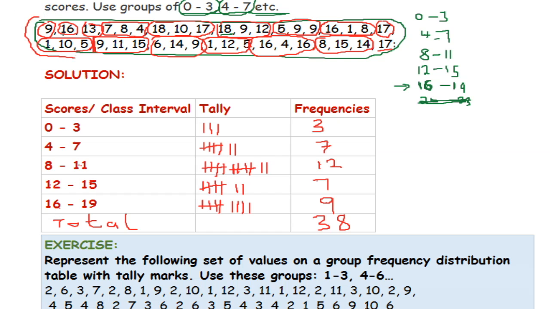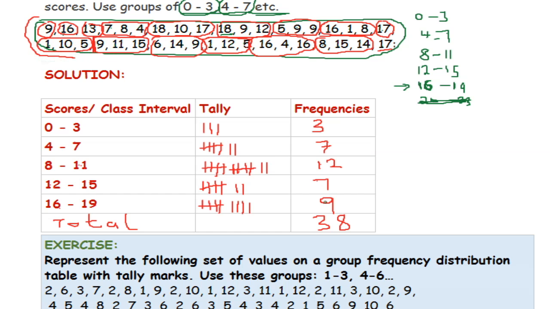So let's count and see. 1, 2, 3, 4, 5, 6, 7, 8, 9, 10, 11, 12, 13, 14, 15, 16, 17, 18, 19, 20, 21, 22, 23, 24, 25, 26, 27, 28, 29, 30, 31, 32, 33, 34, 35, 36, 37, 38.